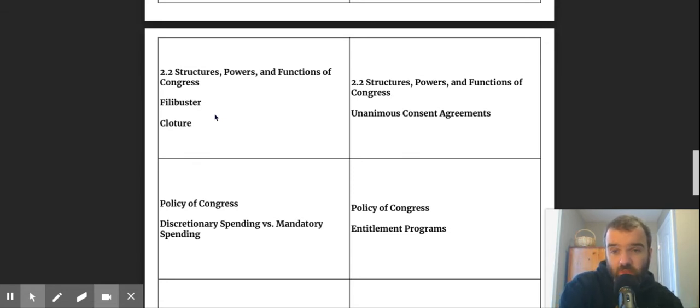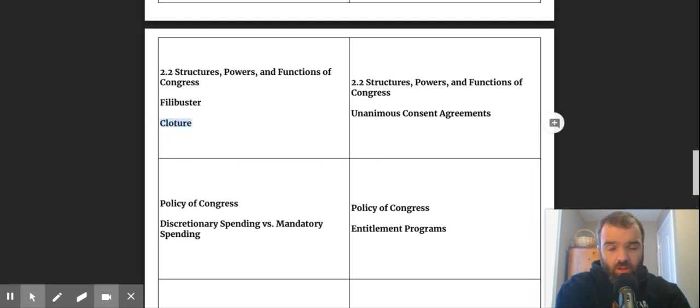A senator can speak for as long as he or she wants to, as long as they don't yield the floor to someone else in the Senate except for a question. If someone wants to ask them a question, then they can stop speaking and then get the floor back. So if enough senators get together and take turns questioning one another, they can debate forever and prevent a bill from actually being voted on.